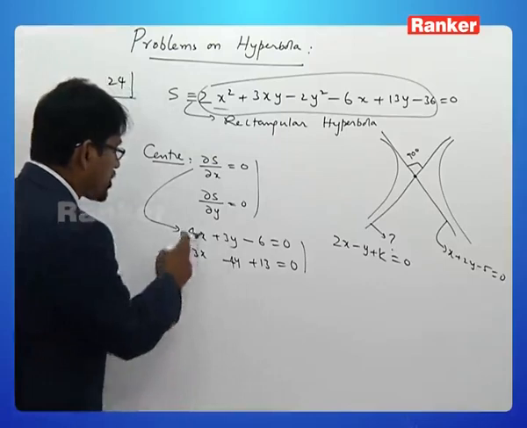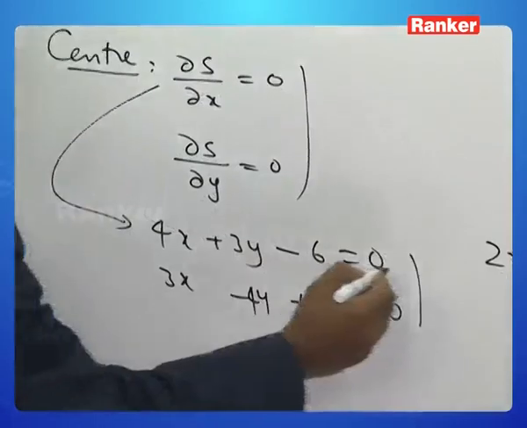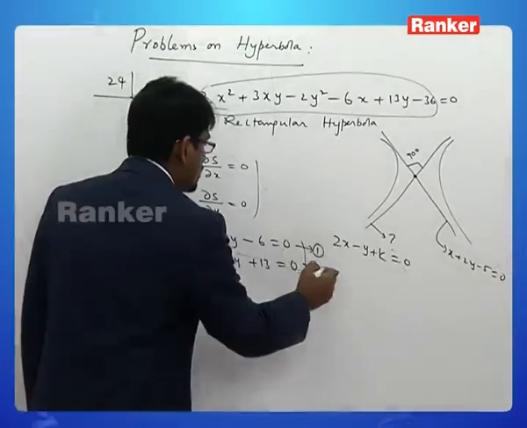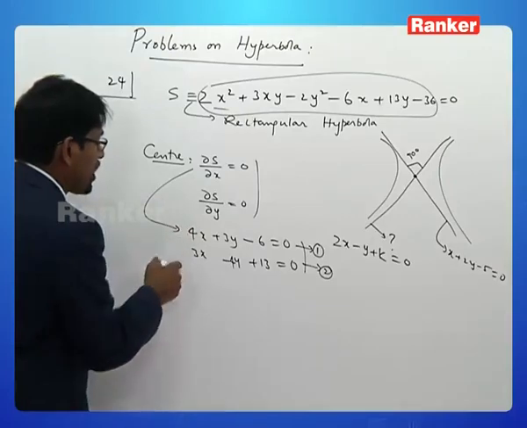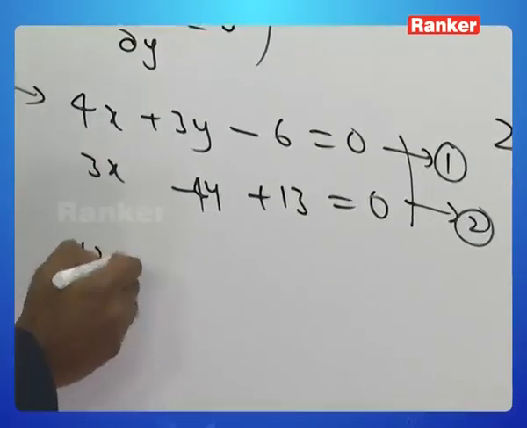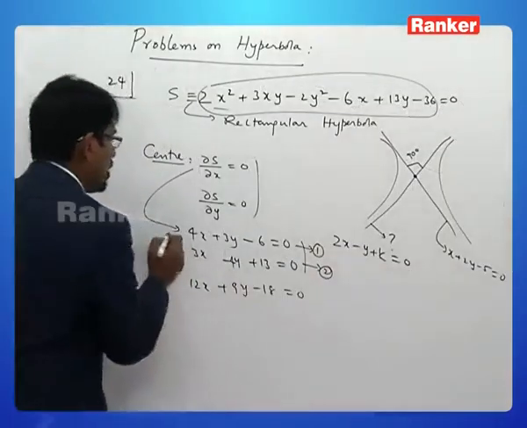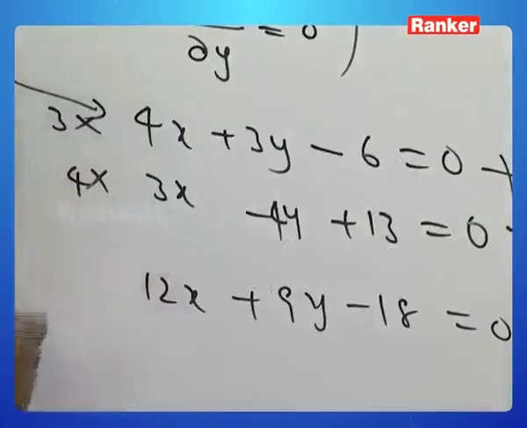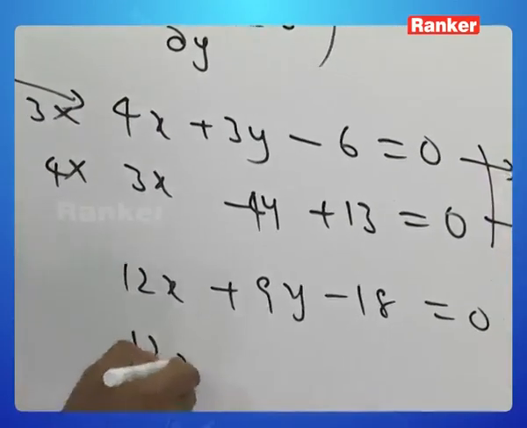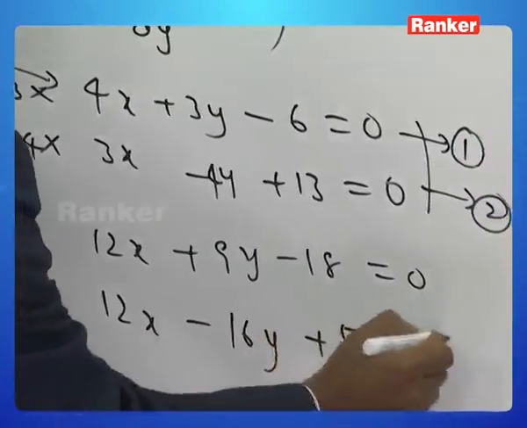So let's solve these two. What do we get here? We'll multiply the first equation with 3, second equation with 4 and subtract one from the other. So what do we have? 12x + 9y − 18 = 0, multiplying the first equation with 3. Second equation, let's multiply with 4. So we have 12x − 16y + 52 = 0.